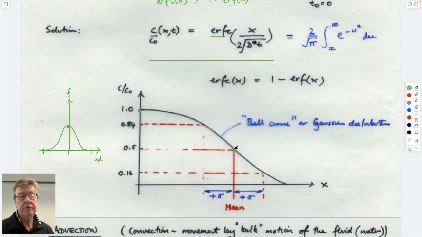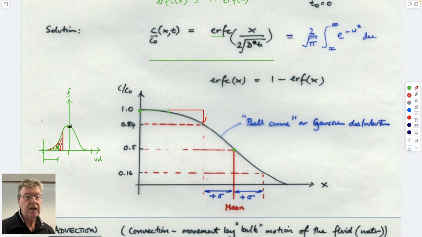So the cumulative distribution function is merely if you started here and you went in this direction and you summed up all the areas to this point here, that would give you this number. If you then go to this point here and you sum up everything to this point, that would give you this drop here, this length.